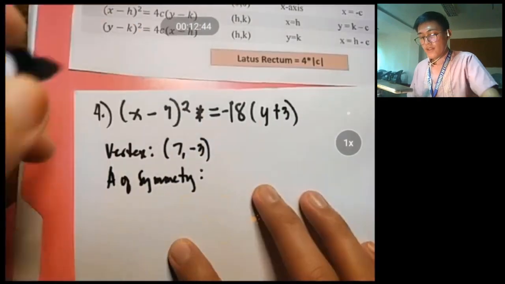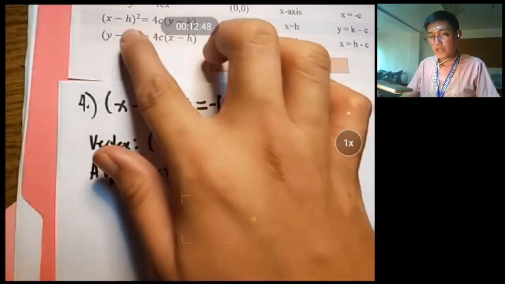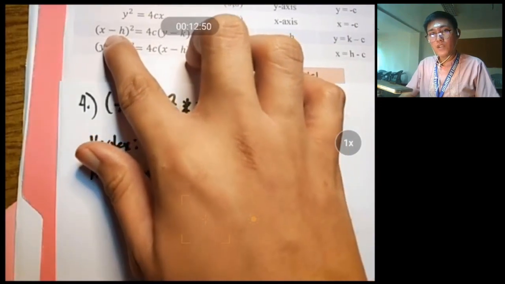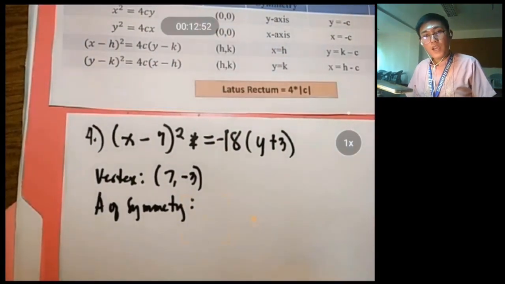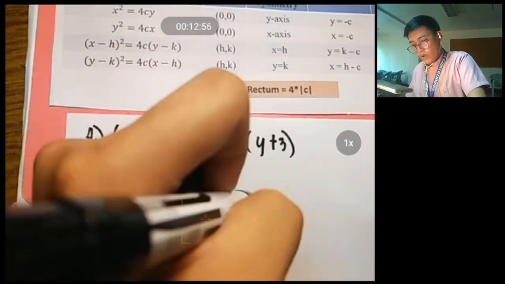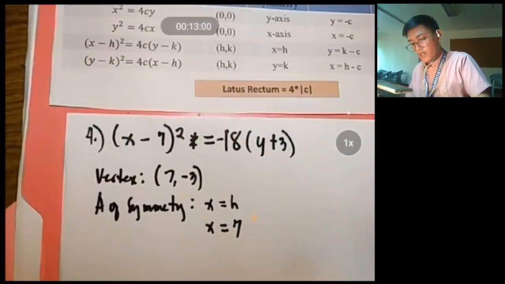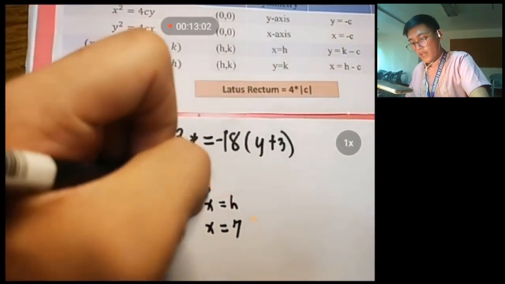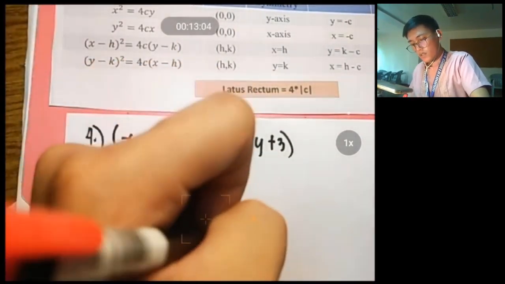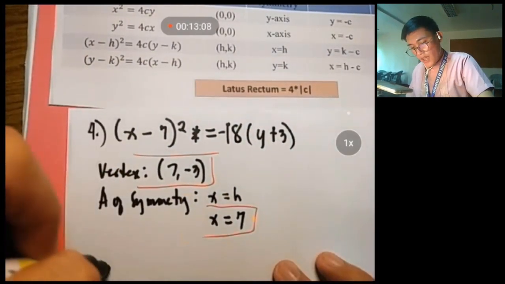The axis of symmetry has an equation x is equal to h because ang naka-square dito ay yung x. That would be x is equal to h or x is equal to 7. So we got the 2 now.